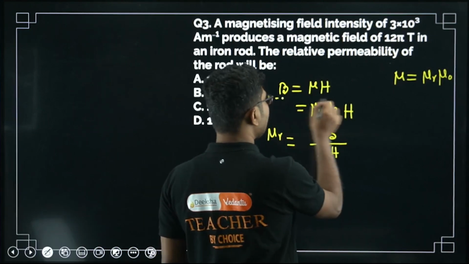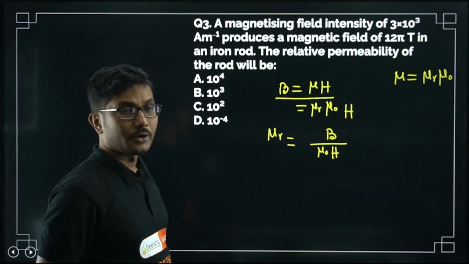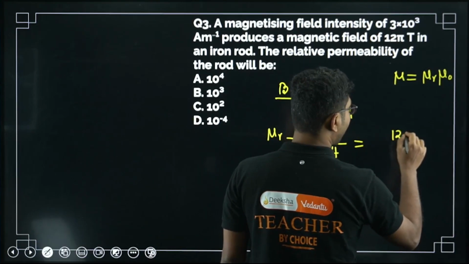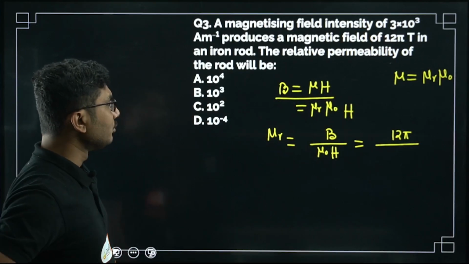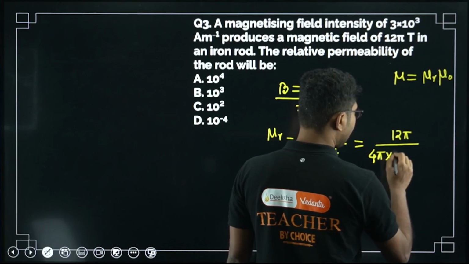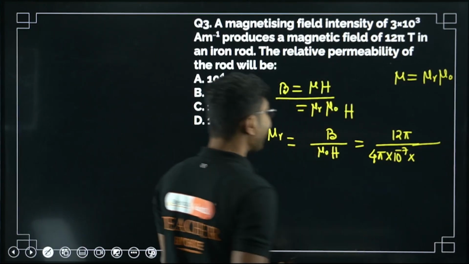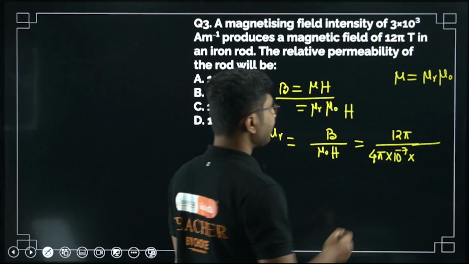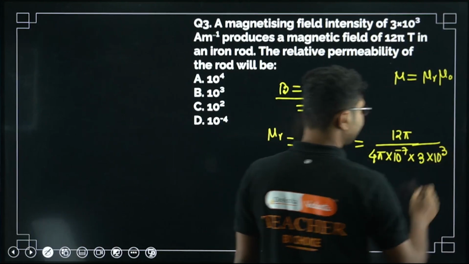This is the starting point for our solution, and once you know this, you can do it step by step. Now B is given, 12 pi. Mu naught we know is 4 pi times 10 to the power of minus 7. H is the magnetic field intensity, given by 3 times 10 to the power of 3.